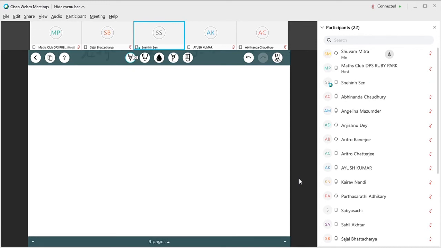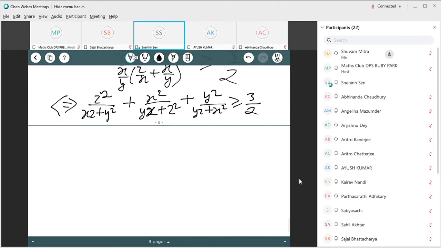Okay. So I'll just scroll up a bit so that the last line is visible. From whatever knowledge we have of Cauchy-Schwarz, we know this thing for now. But in Olympiad you don't write we know, you have to write that we can prove, or something like that.